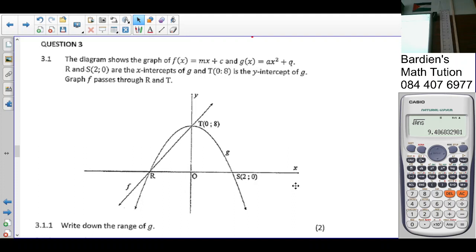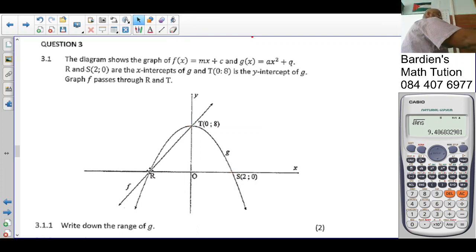R, which is here, and S, which is (2;0), are the x-intercepts of g, and T is (0;8), which is there, the y-intercept of the g graph and the f graph. The graph f passes through T and R. As you can see, it's indicated as going through those two coordinates. Okay.